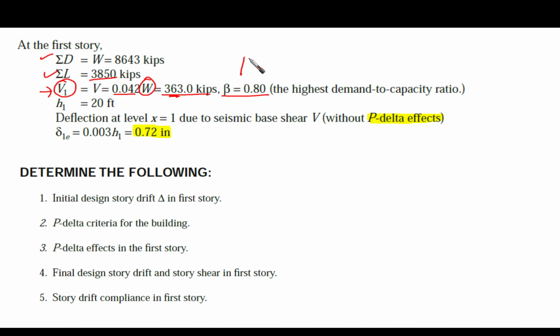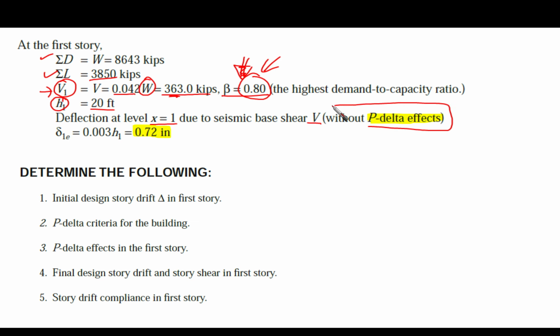Beta, if you remember, we were talking about it, which is the demand to capacity ratio of the structure, 0.8, it is given for us, the highest demand to capacity ratio. The height of the story is 20 feet. It is given. Deflection at level x equal to 1, which is the first floor, due to seismic base shear V without P-delta effect.